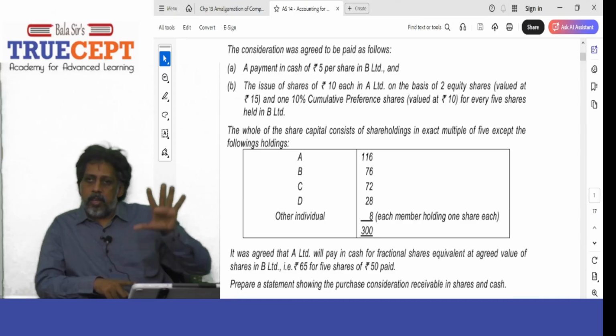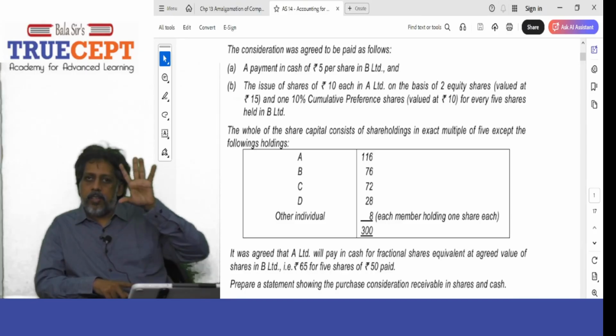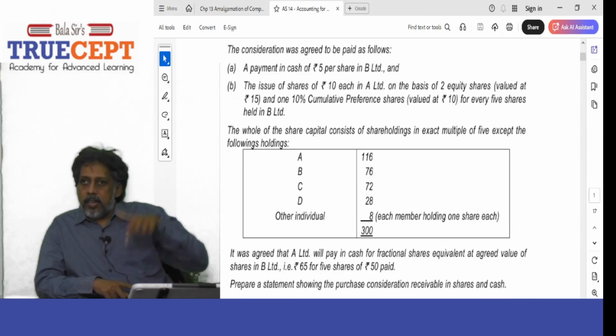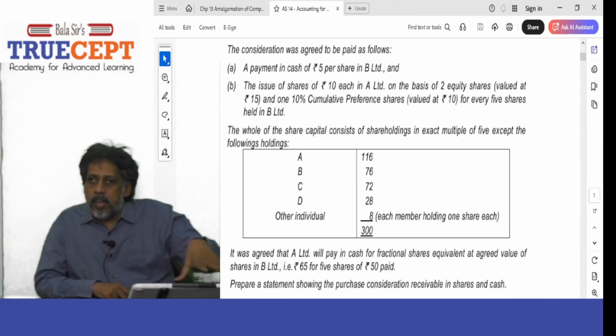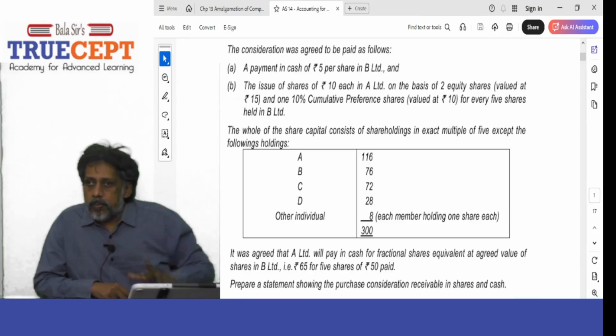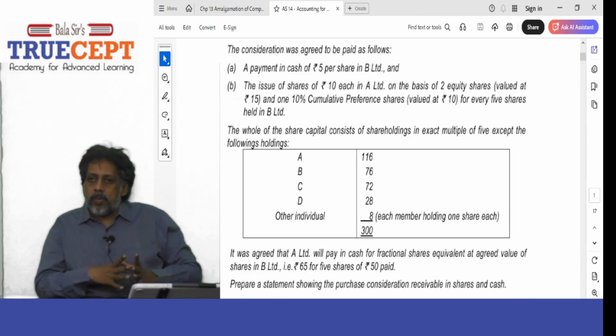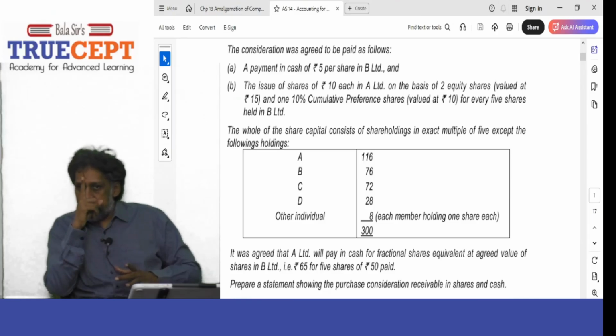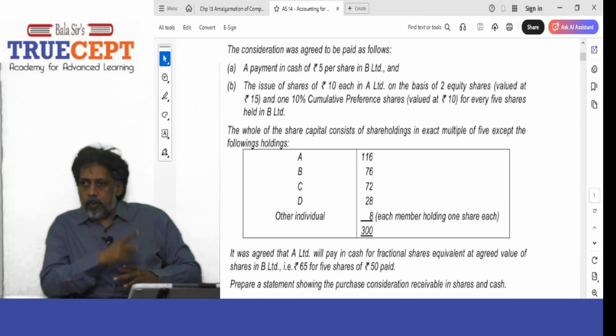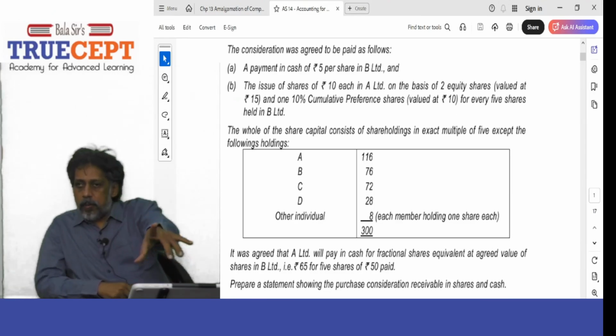I'll tell you why. 5, 10, 15, 20, 25, and so on up to 100, 105, 110, 115 shares, no problem. What causes the problem? The one share extra that is held. Had the holding been 115 shares, it would have been a multiple of 5.